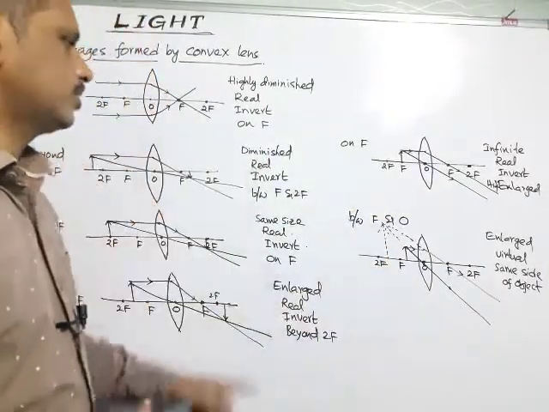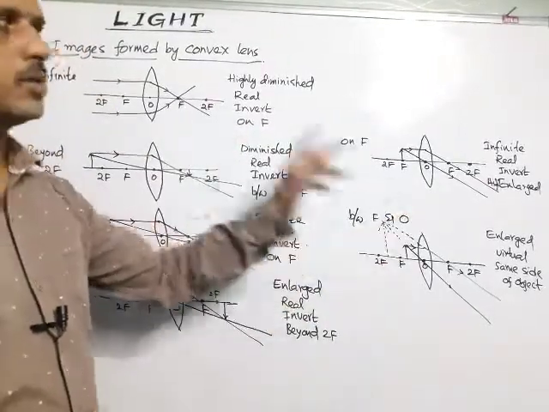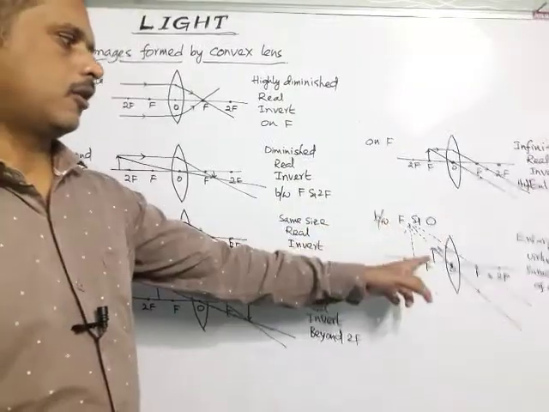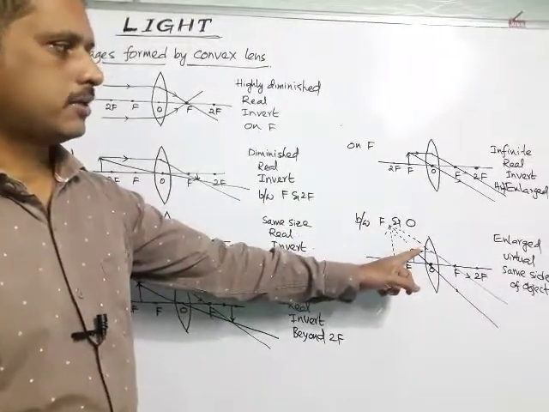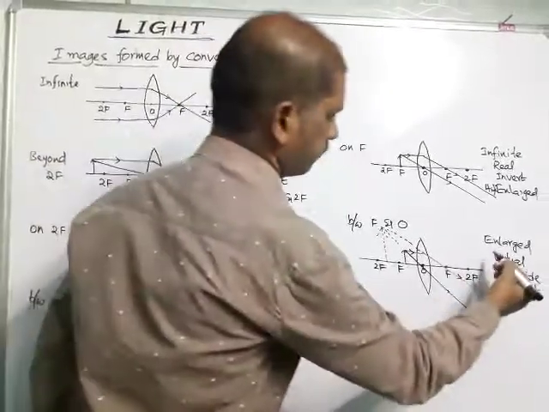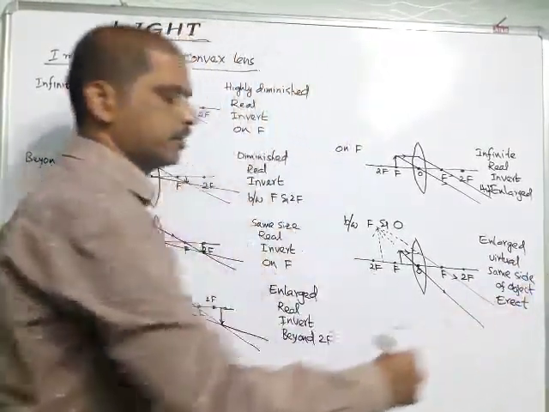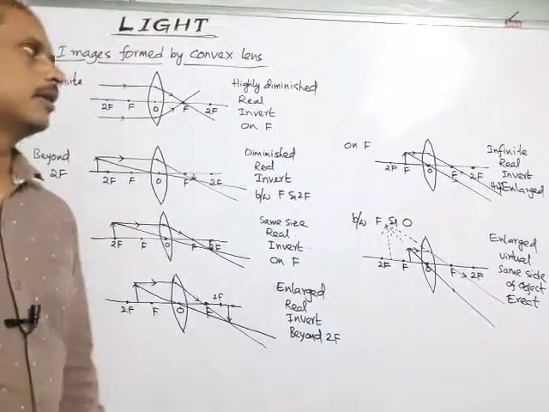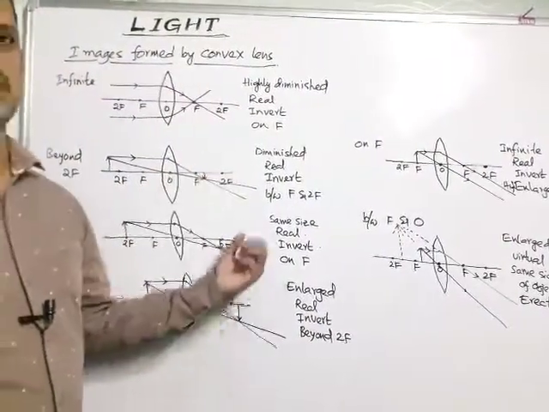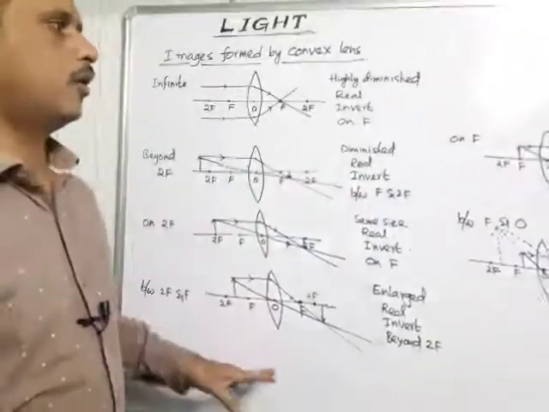So in all cases except the last case, all images are real and inverted. But in the last case, a virtual and erect image will be formed: virtual, enlarged and erect, not inverted. So these are the characteristics or properties of the image formed by a convex lens.